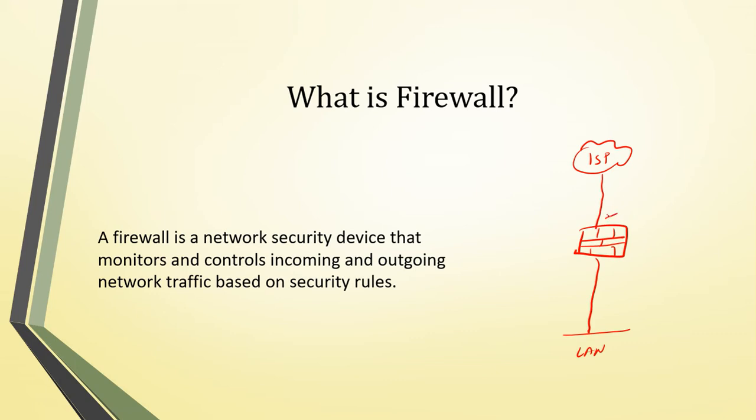Let's suppose this is my outside segment, this is my inside segment. A firewall will control the traffic initiated from inside to outside or from outside to inside. It will also monitor all the traffic. It will allow or block the traffic based on security rules.